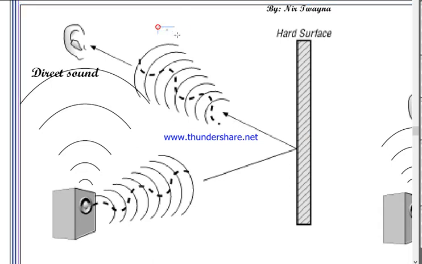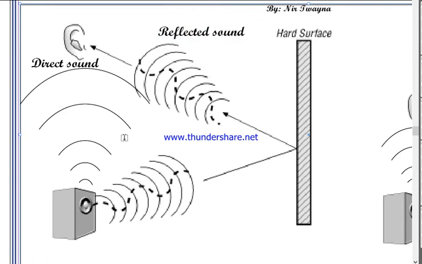So we have two kinds of sound: direct sound and reflected sound. If you are in a room without any sound absorbing material, you would hear multiple sounds.